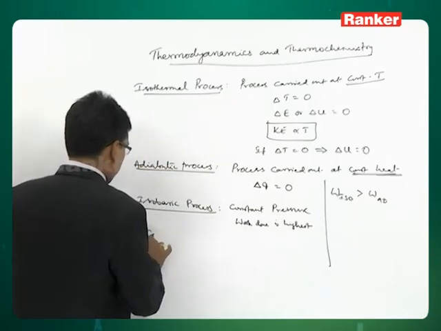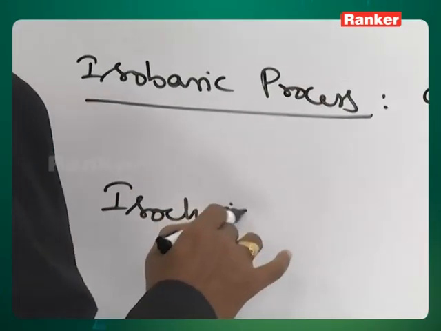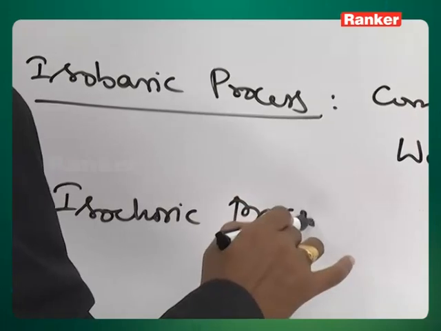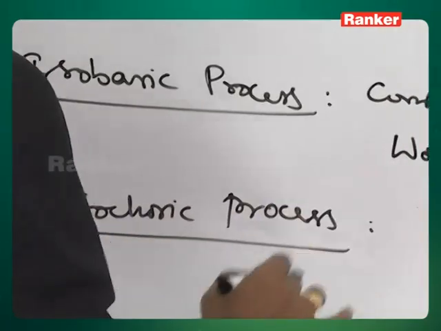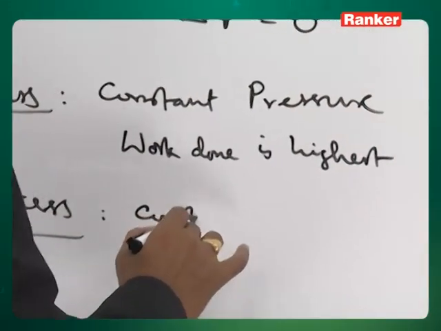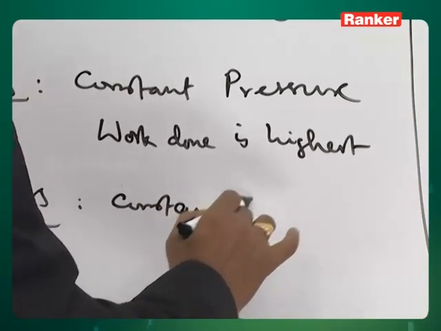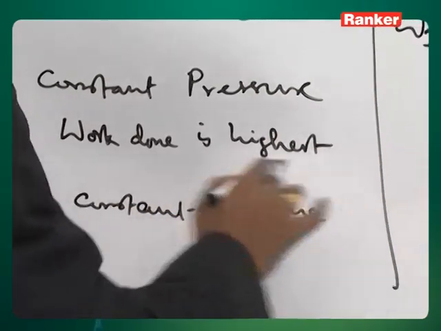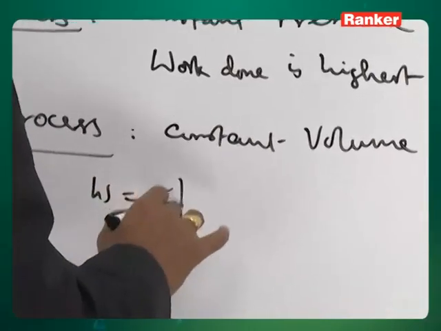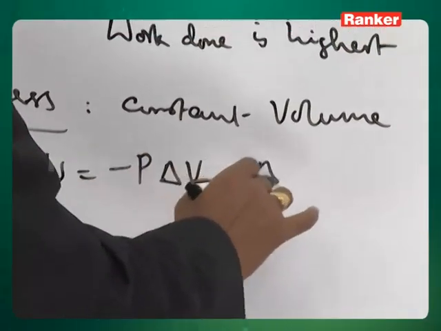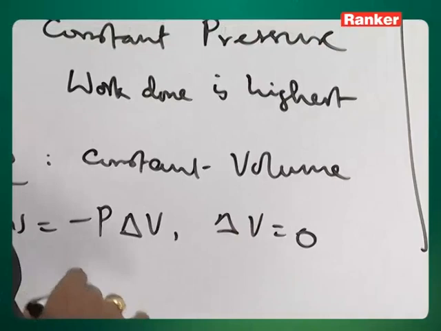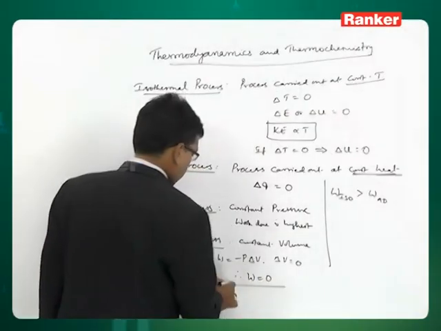And the isochoric process is the one carried out at constant volume. Normally work done is given as minus P delta V, and here delta V is equal to 0. Therefore, in an isochoric process work done is 0.